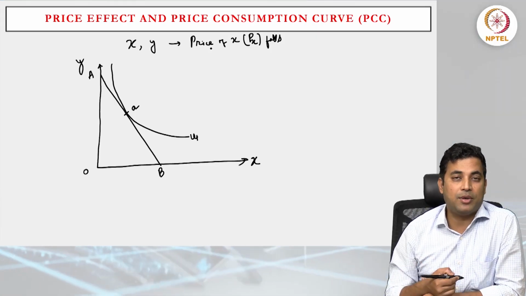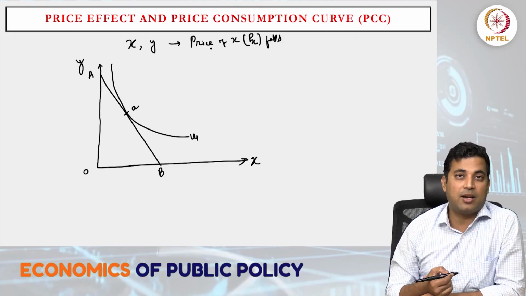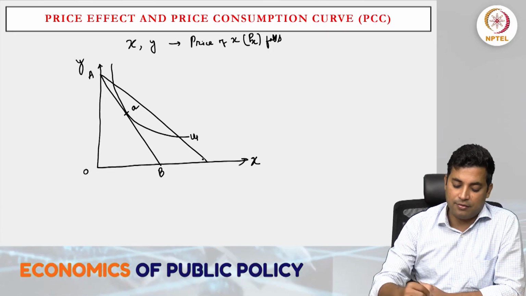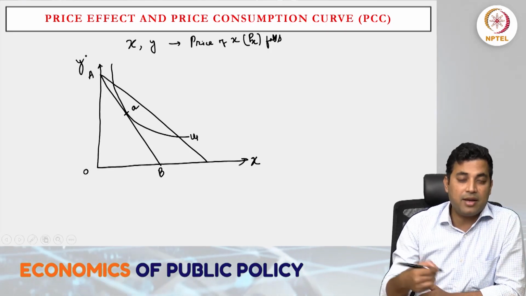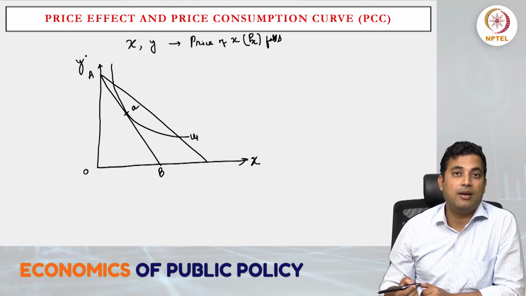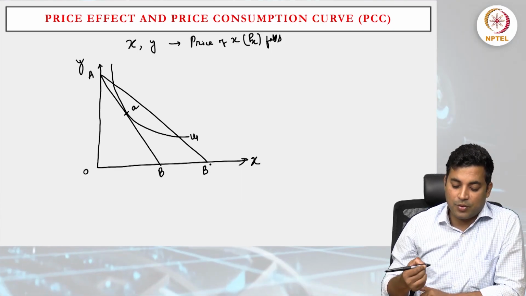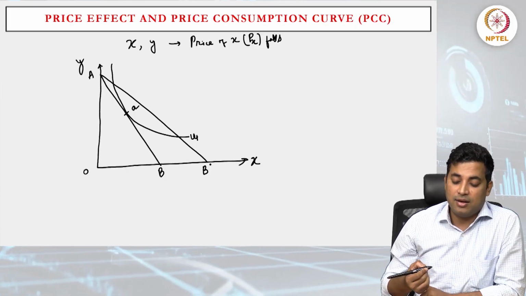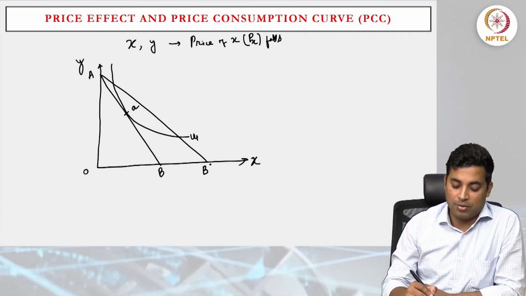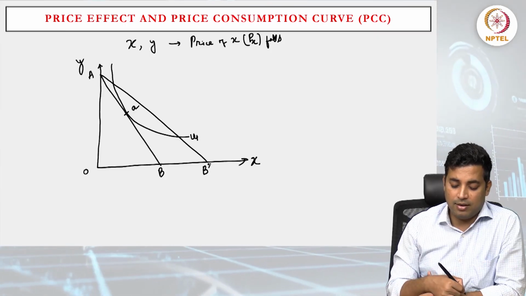As we know from the properties of the budget line, if the price of any commodity falls, the budget line will become flatter. Since the price of Y is not changing, because we are keeping all other things constant, only the price of X is sensitive, and it has the power to change the overall quantity demanded. So the new budget line is AB dash.